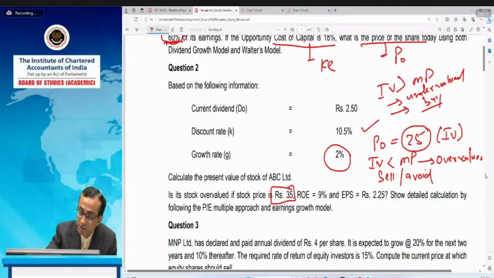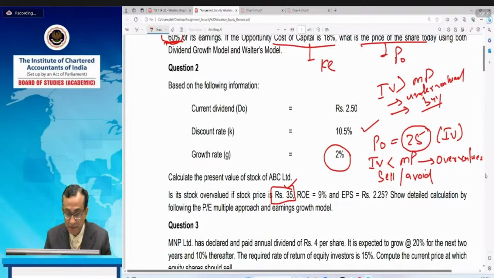But the current market price is 35. So if I as an investor purchase the shares at 35, the chances are that the share price will decrease to 25 in the future. Why should I purchase it? So the answer will be, if I am holding it, to sell the shares, or just to avoid investing in this company. That is the relationship between the intrinsic value and the market price per share.